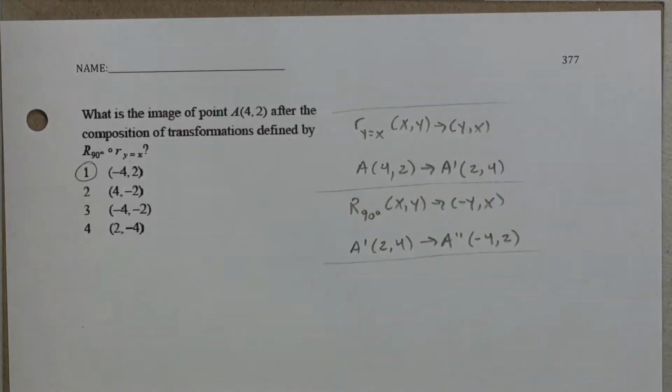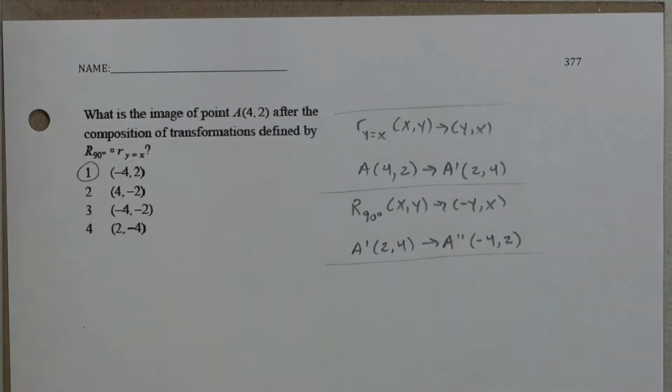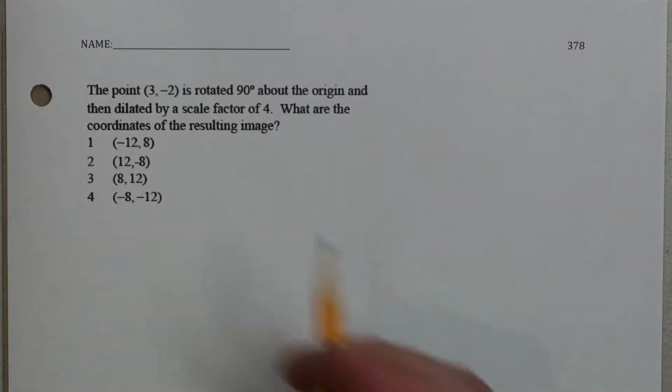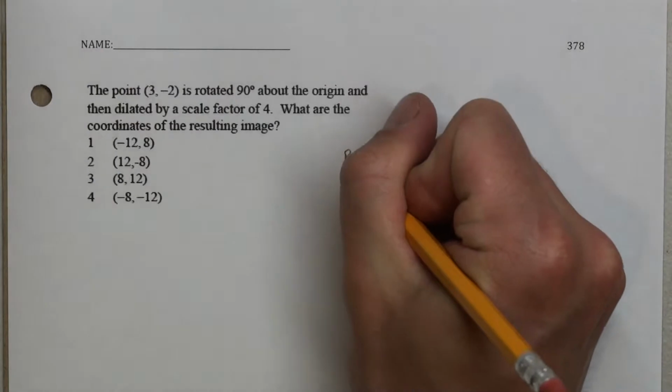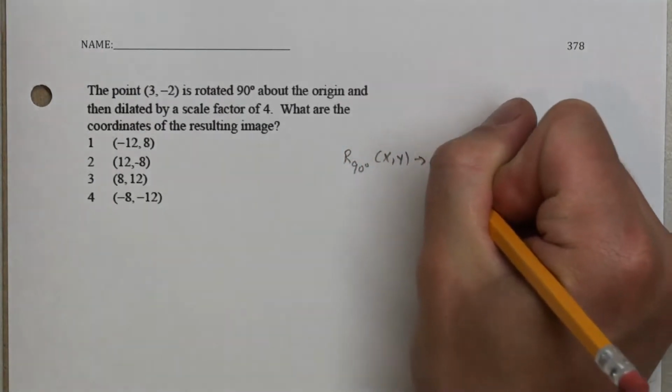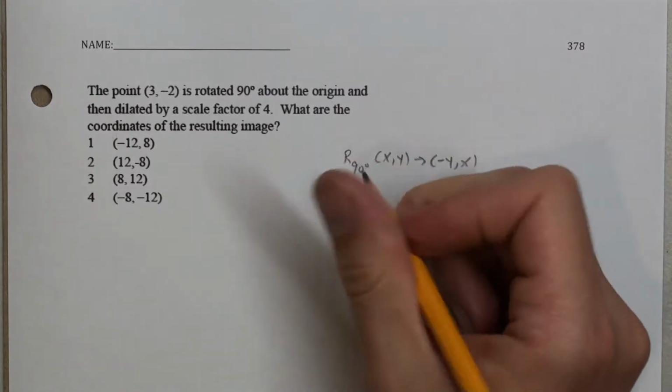So it's split into two pieces there. First we're going to rotate 90 degrees about the origin. That takes (x, y) and makes it (-y, x).